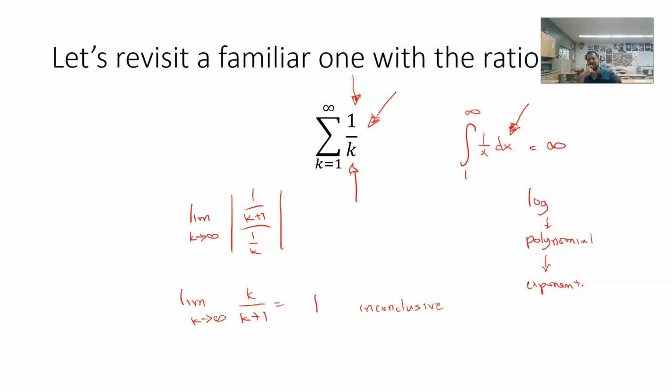Anytime you have a number raised to a variable, that's exponential. Exponential functions grow faster than polynomial functions, and factorial functions grow faster than exponential functions.